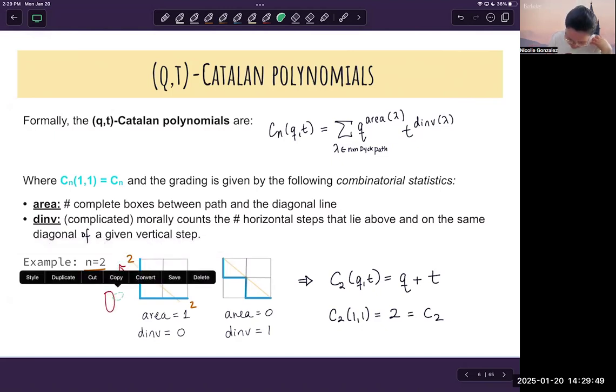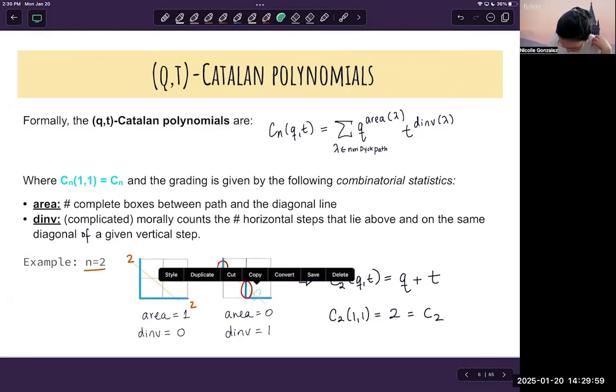On the other hand, if I were to play a similar game in this other path, I have 2 vertical steps. If I slide this and count, let's say at first I do the bottom vertical step, and I look to its right, then you'll notice that I have one horizontal step to the right of this vertical step that I've circled, that is intersected by the same diagonal.